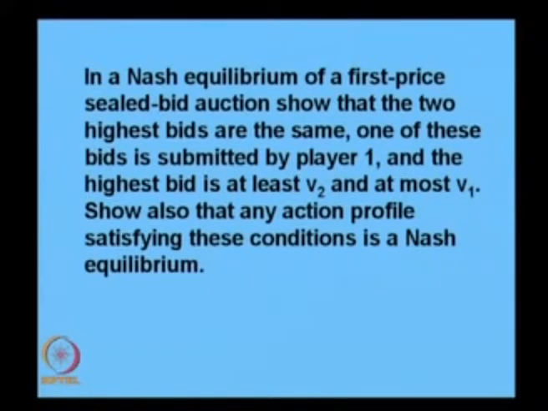One of these bids is submitted by player 1 and the highest bid is at least V2 and at most V1. Show also that any action profile satisfying these conditions is a Nash equilibrium.